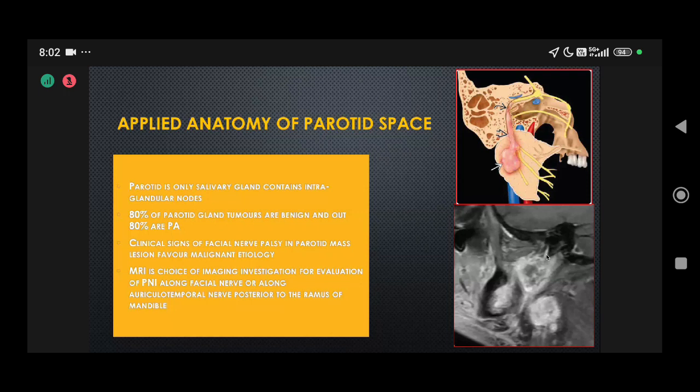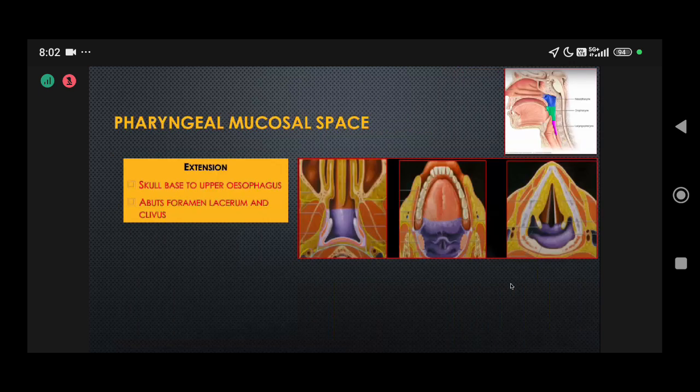And also you can see the auriculotemporal nerve which runs posterior to the ramus of the mandible, and you can see thickening of this nerve also if there is involvement of the auriculotemporal nerve. So try to see these two nerves on your post contrast T1 weighted MRI.